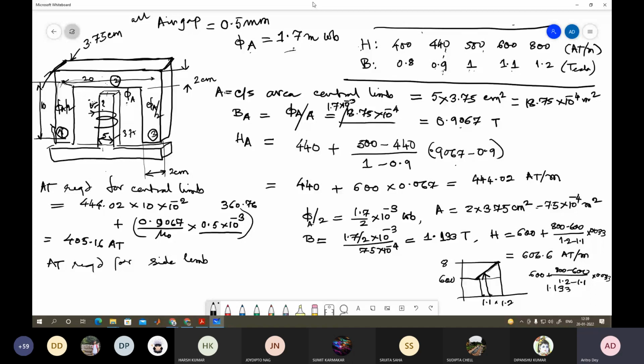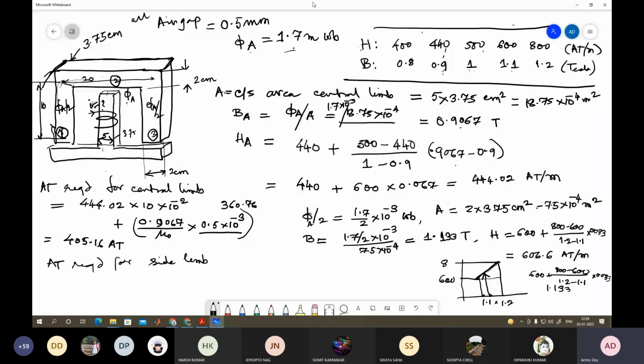But H will change because the relative permeability is different for the air. So for that you don't need this graph, right? We need this graph because we don't have the value of mu r, so we cannot divide by mu r. But here we can divide because we know what mu 0 is for the air.